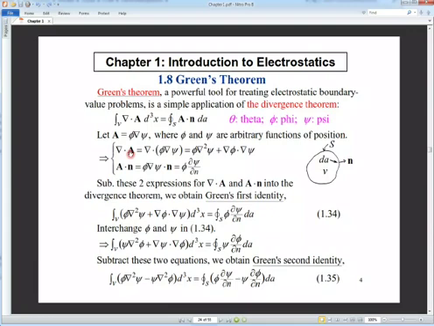So divergence A is equal to divergence of phi gradient psi, and you can use an equation with this. In fact, you take phi first. Phi divergence gradient psi is equal to Laplacian psi times phi plus gradient psi dot gradient phi. So you can write this equation.